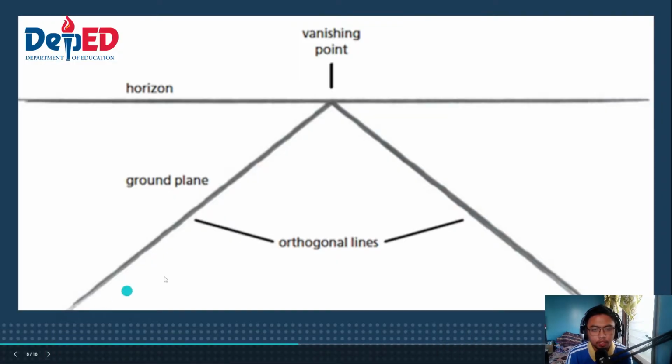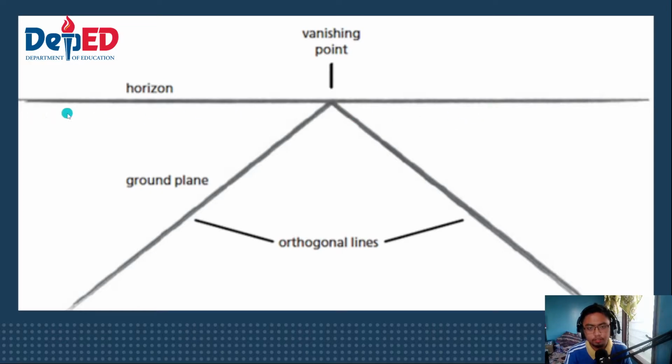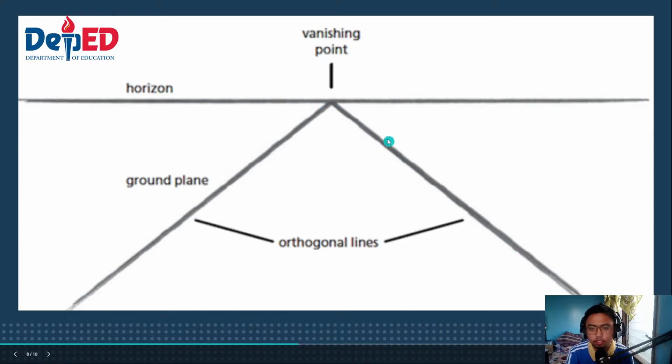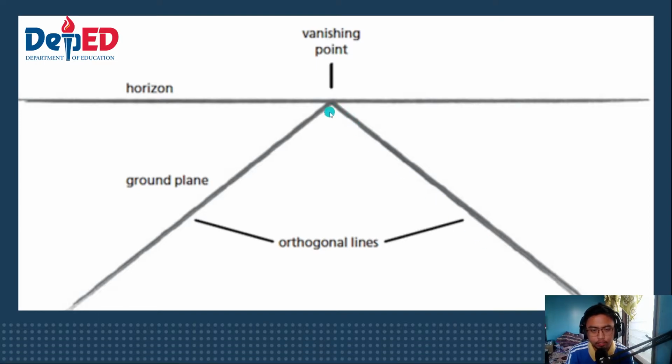So what I was talking about earlier was this one. This is the horizon, which divides the top and bottom of your illustration. Then we have the vanishing point, this area in the middle, which is the focus of your orthogonal lines. If you notice here, orthogonal lines are forming a 90-degree angle, a right angle. Anything below the horizon is what we call the ground plane.